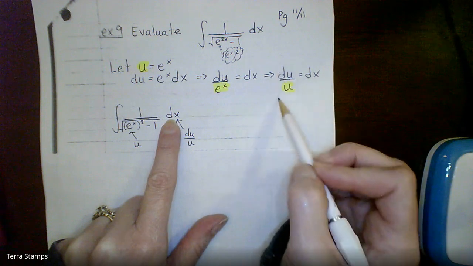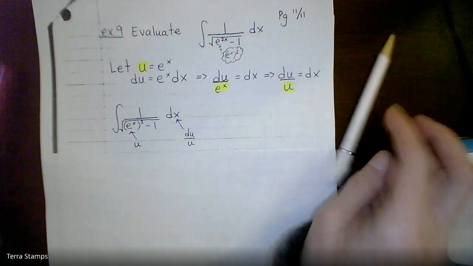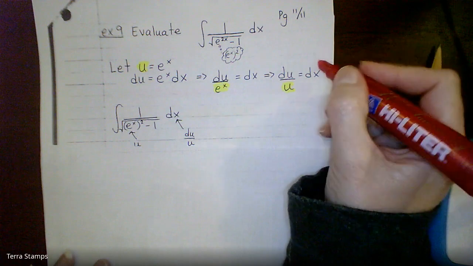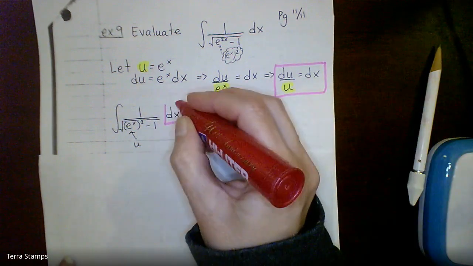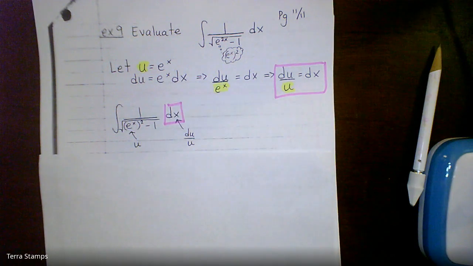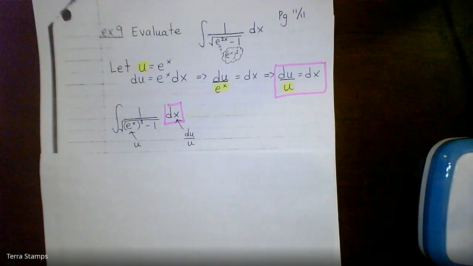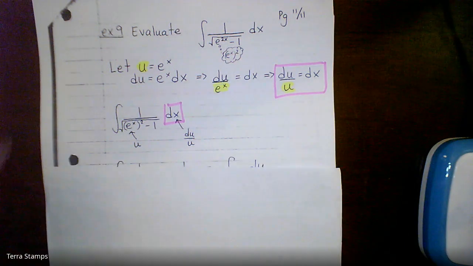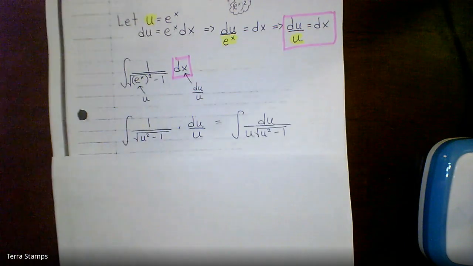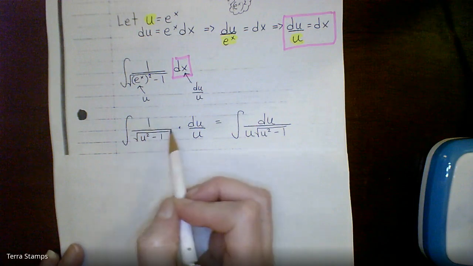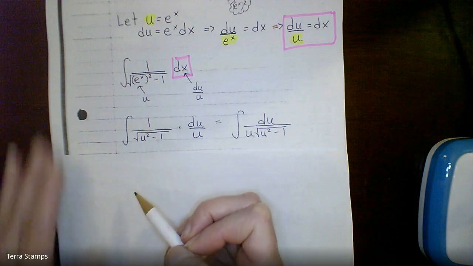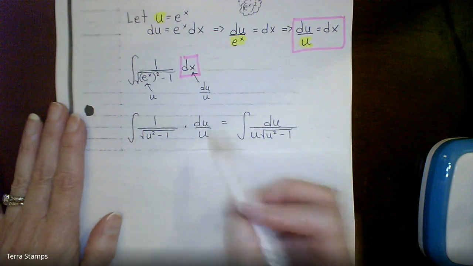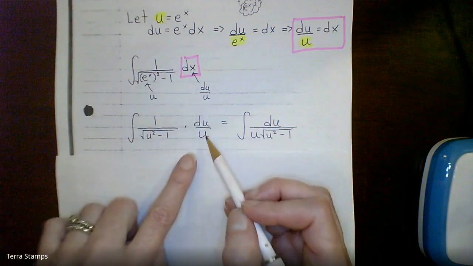So right here, this dx is going to be that du over u. So what is that going to look like when that substitution is done? Well, I'm going to get 1 over the square root of u squared minus 1. There's my a squared. And then the dx becomes du over u.